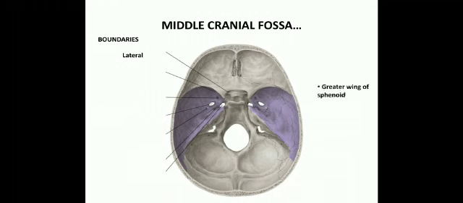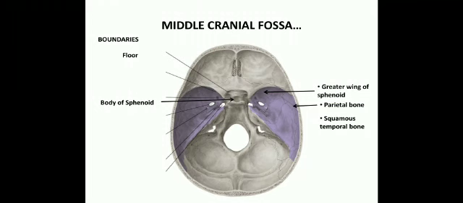Laterally, it is bounded by the greater wing of the sphenoid bone, the anteroinferior angle of the parietal bone, and the squamous temporal bone. The floor is formed by the body of the sphenoid bone in the median region and, on each side, the greater wing of the sphenoid, the squamous temporal bone, and the parietal bone.